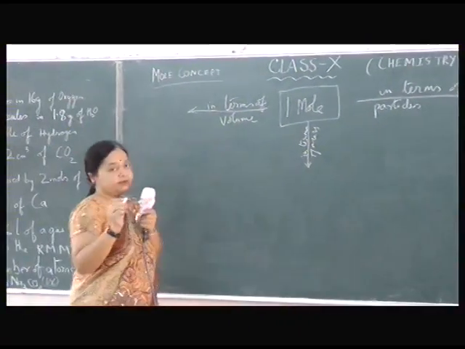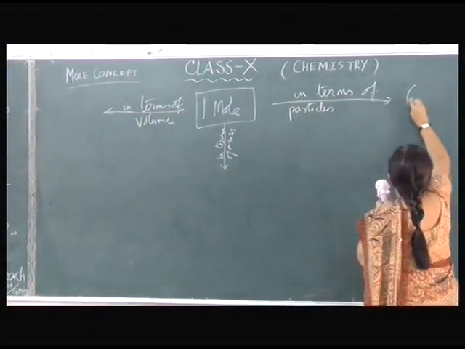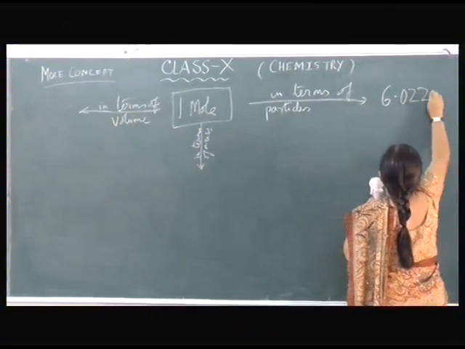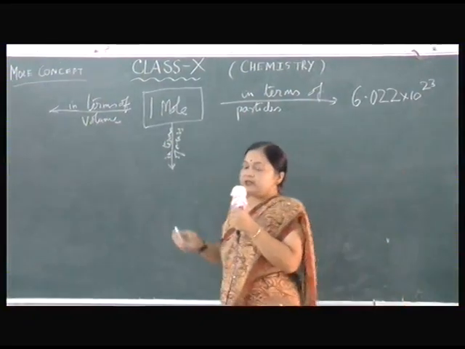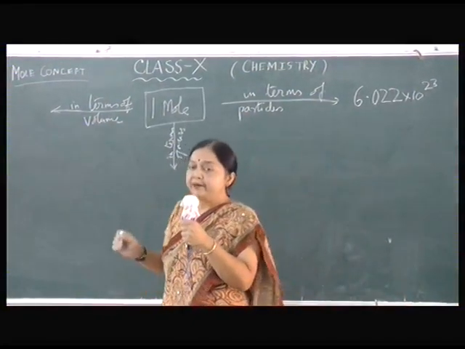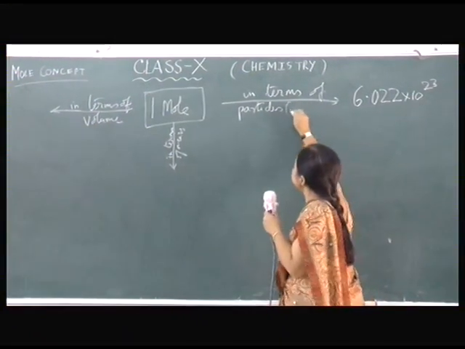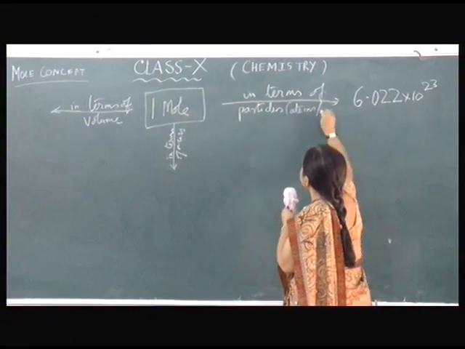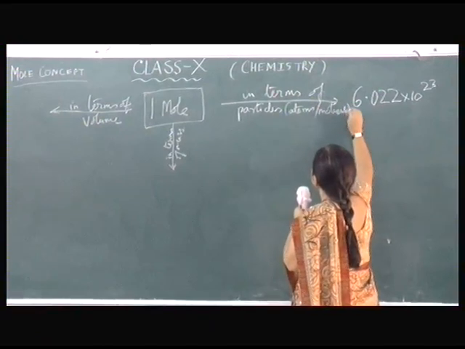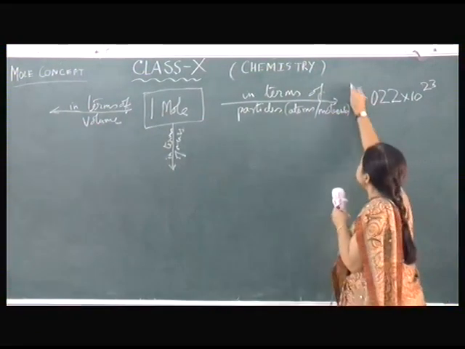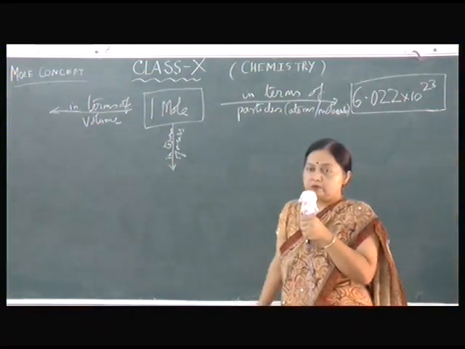1 mole of a substance will contain how many particles? It will contain 6.022 × 10^23, irrespective of what the element is. Particles means atoms, molecules, etc., or ions. This is the number of particles present in 1 mole.